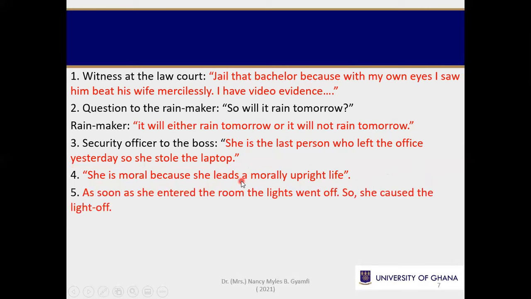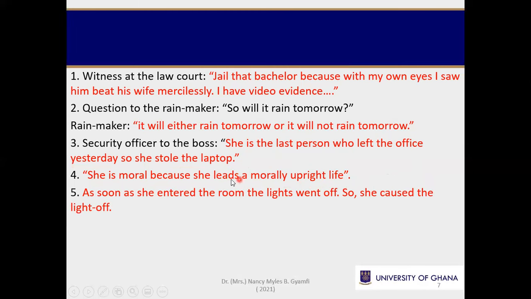Question 4. The person wants to show you why she's moral. Look at, she's moral because it's supposed to be leading to reasons. I show you the reason why she's moral. But look at what she says ultimately. She's moral because she leads a morally upright life.